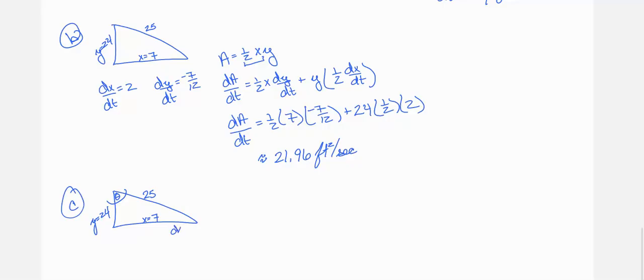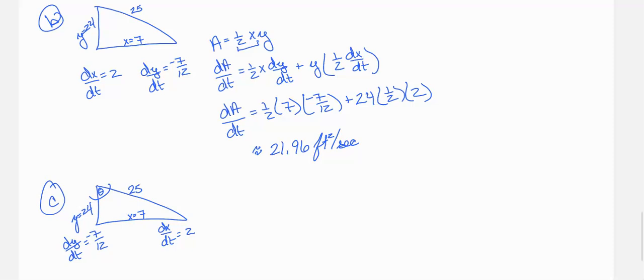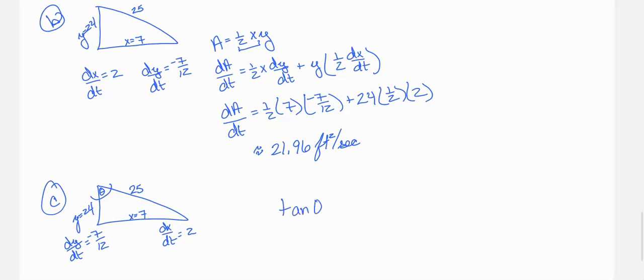And we still know that dx over dt is 2, and dy over dt is still negative 7 over 12. So I need something that's going to tie all this together. So I need this side and this side. So opposite and adjacent. The tangent function would tie everything together. Tangent of theta is equal to opposite over adjacent.